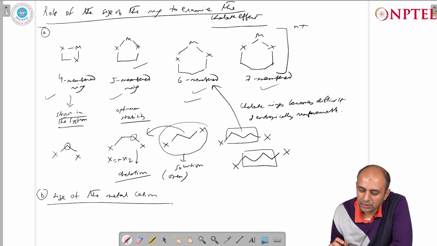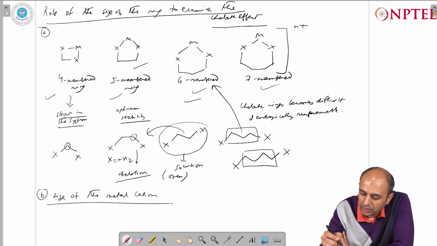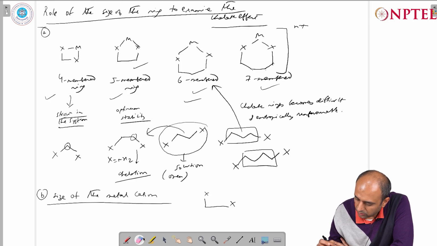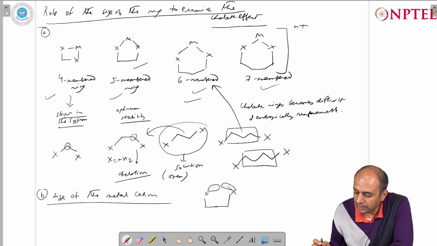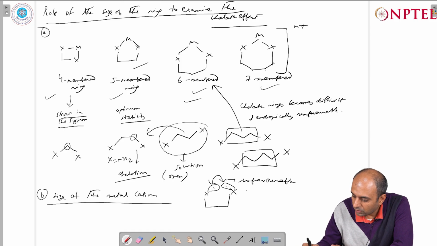Now, what has been observed is that when you are forming this particular close conformation, the X atom, for example the nitrogen atom here, or the oxygen or the sulfur or any lone pair donor atom, is having the lone pairs, and the lone pairs are oriented in this fashion. So there is unfavorable electronic repulsion.